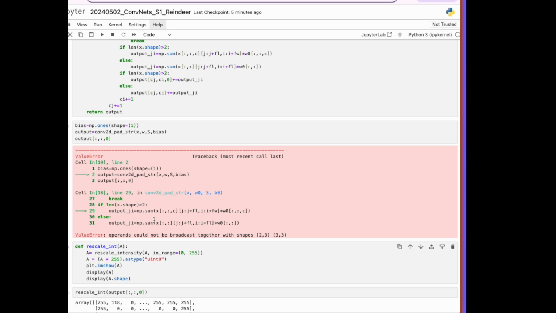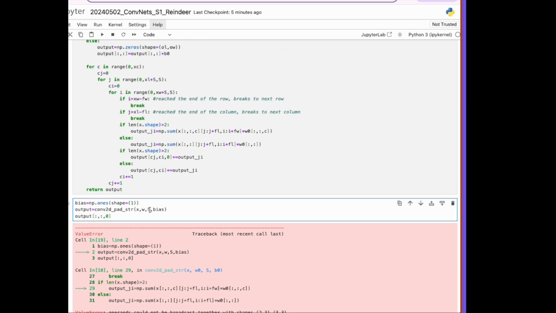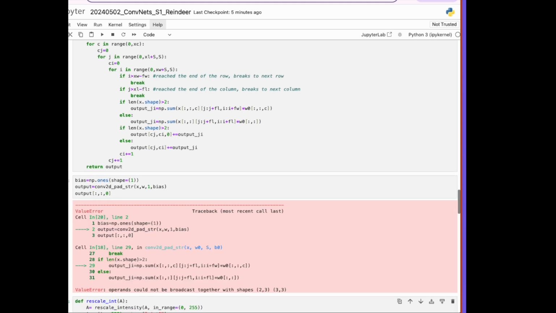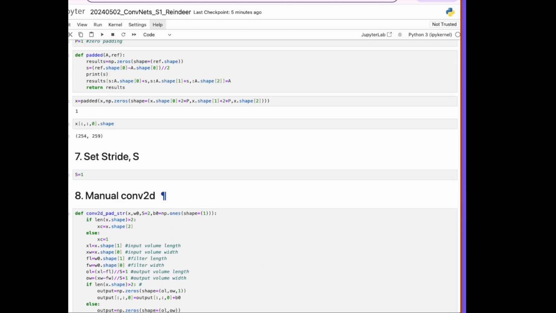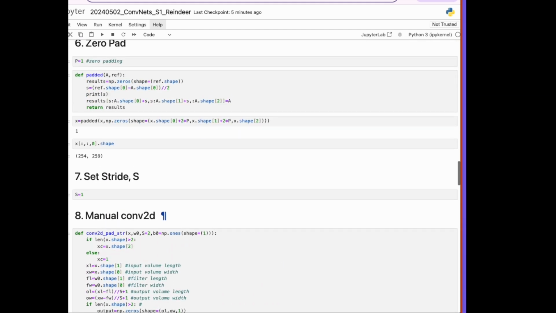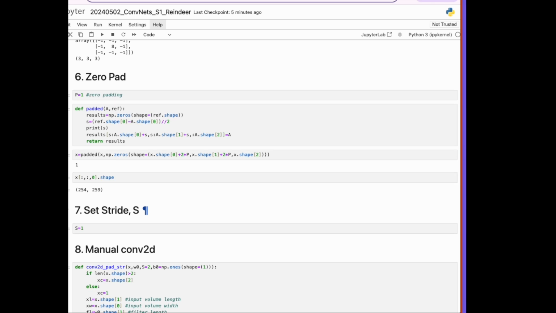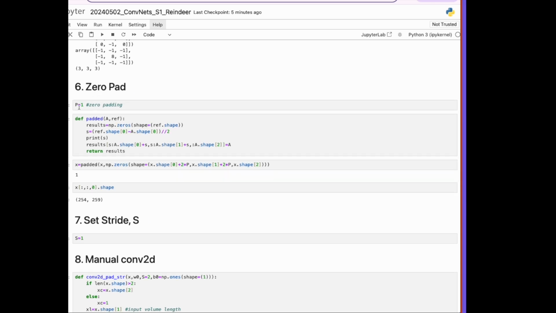What is it saying, they're going to broadcast together shapes? Okay. Stride 1. Padding 0.